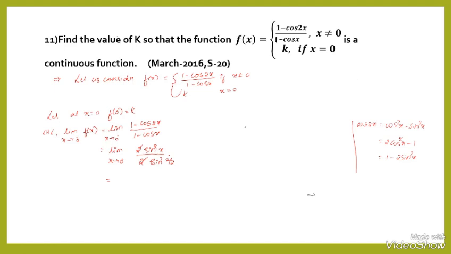That's why I am taking x square and x square here, and x by 2. Then I apply the limit x tends to 0. It becomes sine square x divided by x square becomes 1.